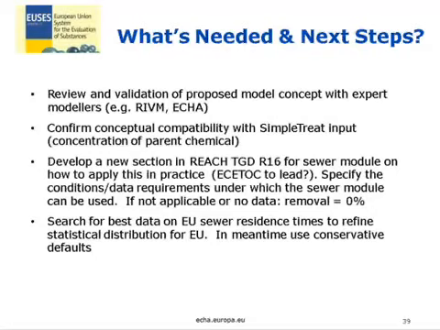And then we should develop in chapter 16 of the TGD a specific guidance section on how to include this and how to test and when to use it and when not to use it. And then probably for Europe we will have to make a distribution of sewer residence times, but I think that is a project that could be realized in a reasonable time frame. So in our view, everything is there to implement this little nice add-on in EUSES if we want.